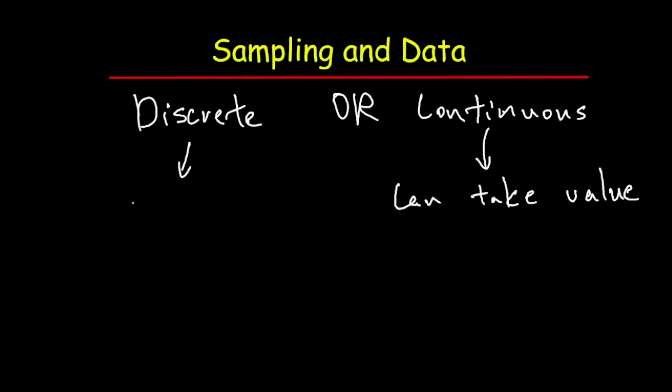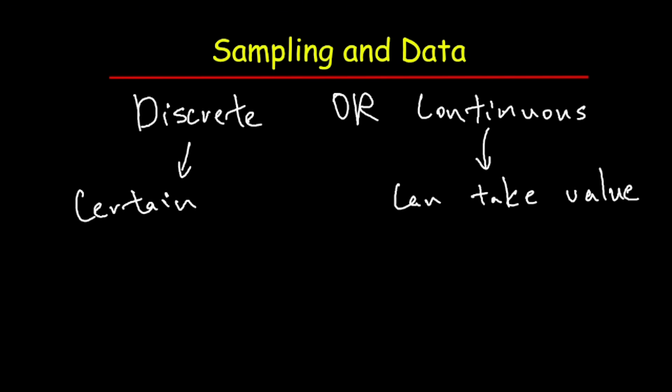On the other hand, discrete can only take certain values. So this would be how many students are at my school. There definitely cannot be 503 and 3/4 students. That just doesn't make sense.